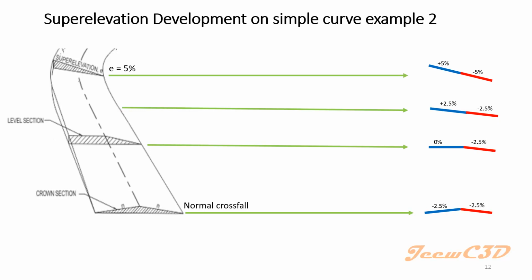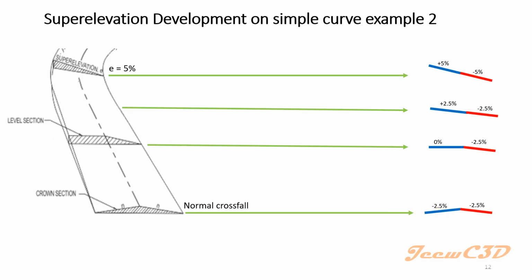The left side changes from -2.5 to +5, which is 7.5, while the right side change is only 2.5. So you take the e plus n term as 7.5 according to the super elevation development equations.